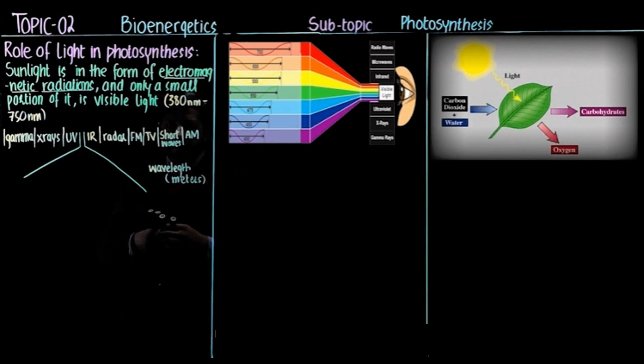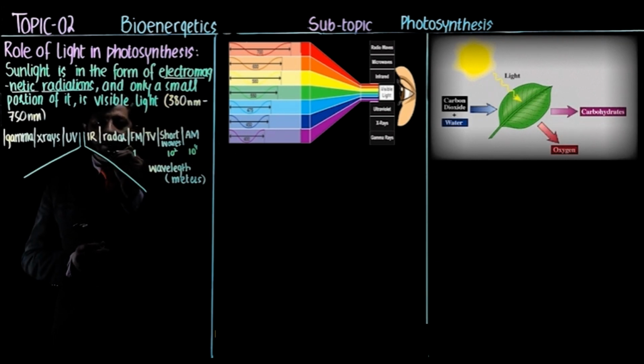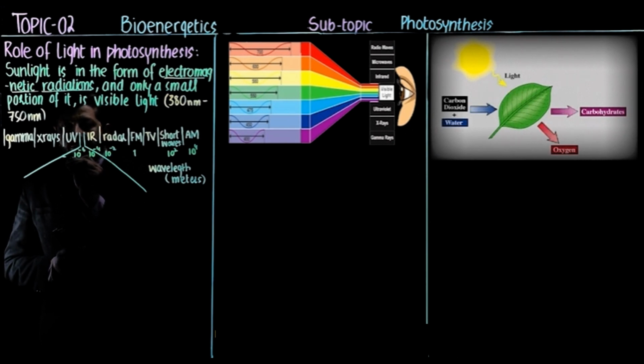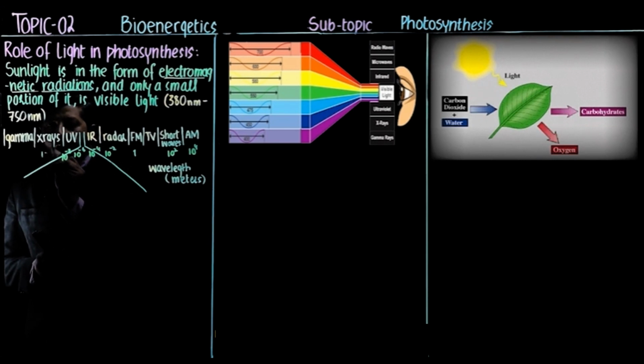Clear? So here is the FM at 10 raised to power 4, then 10 raised to power 2, then 1, then 10 raised to power minus 2, 10 raised to power minus 4, 10 raised to power minus 6, 10 raised to power minus 8, then 10 raised to power minus 10, 10 raised to power minus 12, 10 raised to power minus 14.